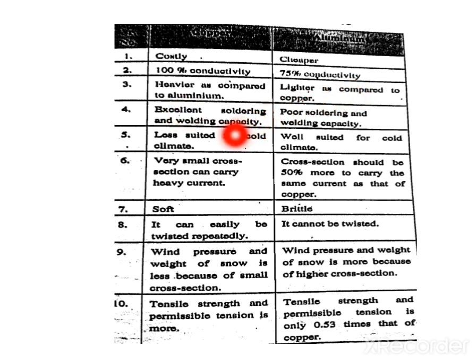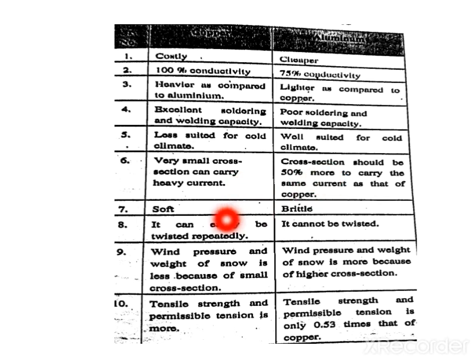Copper has excellent soldering and welding capacity, whereas aluminum has poor soldering and welding capacity. In cold climates, copper is less suitable, and aluminum is well suited. As the conductivity of copper is high, the cross-sectional area of copper is very small as compared to aluminum.